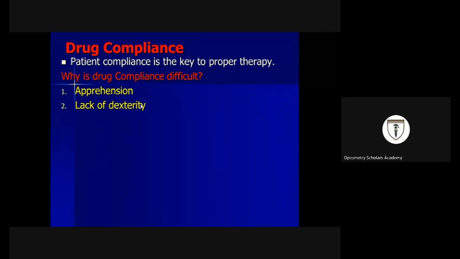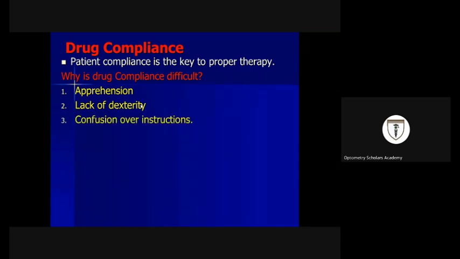This dexterity also has something to do with apprehension, because if you don't know how to explain to a patient the directives on how to administer the drug or to take the drug, you can't help the patient understand. So lack of dexterity also is a prerequisite to apprehension, to the patient understanding the directives.